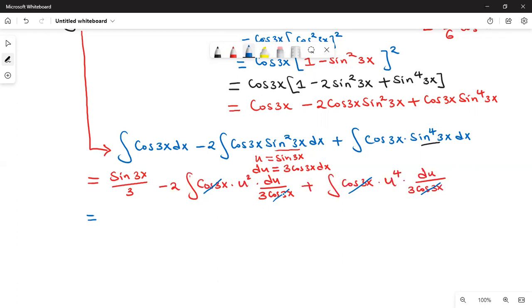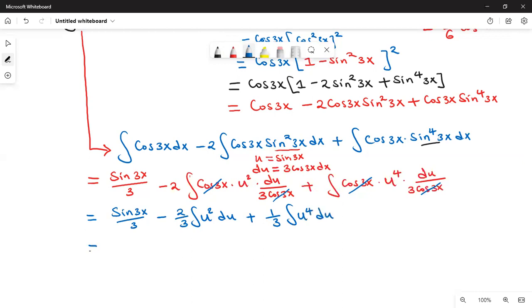When we simplify, the first one is sine 3x over 3. Here we'll have minus 2 over 3, remember 3 in the denominator, times the integral of u squared du. And the other one, I can see this 1 over 3 integral of u raised to 4 du.